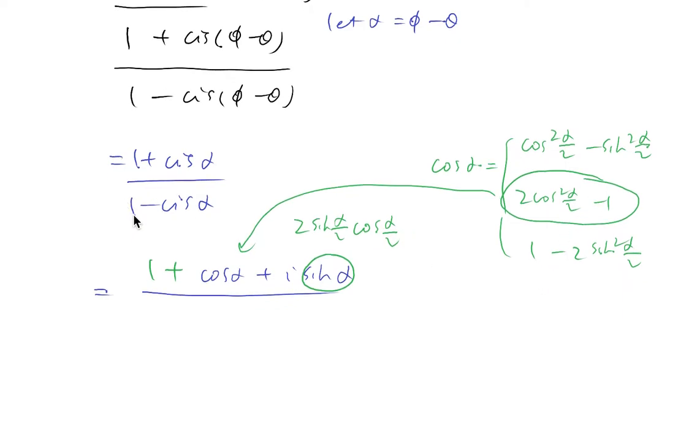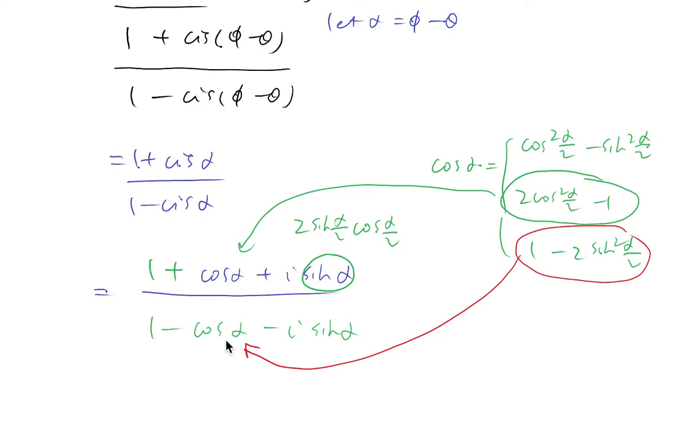Similarly, if you have 1 minus cos alpha, then minus I sine alpha. For sine alpha you still don't have a choice: it is 2 sine alpha over 2 cos alpha over 2. However, for 1 minus cos alpha, to get rid of the 1 you need a positive 1, so we choose this one over here, and 1 and 1 get cancelled.